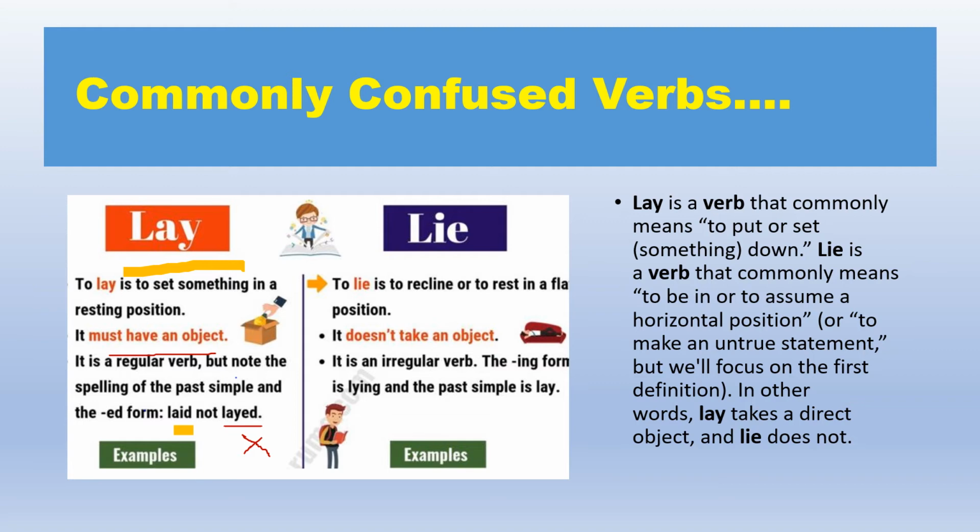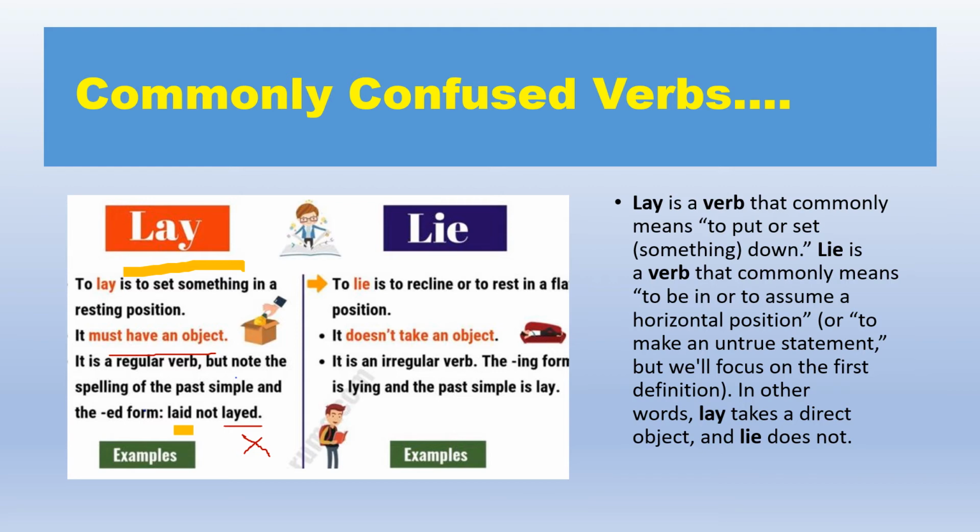Okay, but if you can replace the verb with place or put, for example, I place the book on the table, then use the verb lay. I lay the book on the table. जैसे आपने कहना है कि I place the book on the table, तो place की जगह क्या use करेंगे? The verb lay. I lay the book on the table.